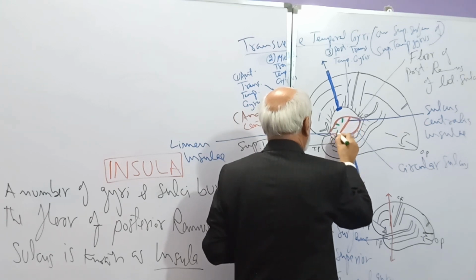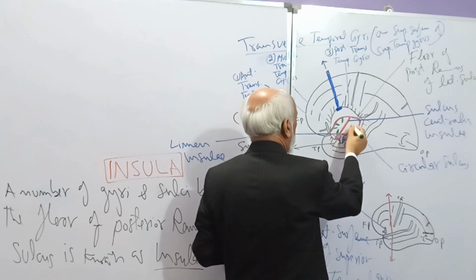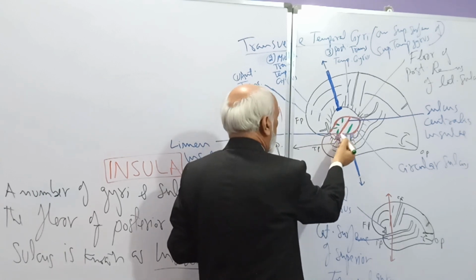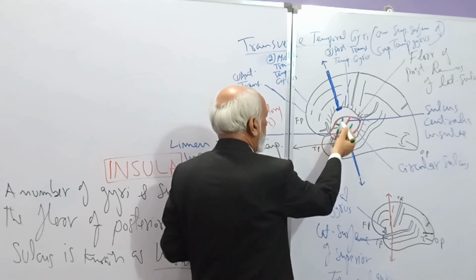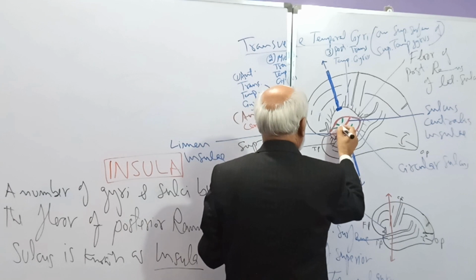The anterior part of the insula is traversed by small sulci. The posterior part of the insula is crossed by one long sulcus. So in the anterior part of the insula, the small sulci divide it into small gyri, known as the gyri breves.